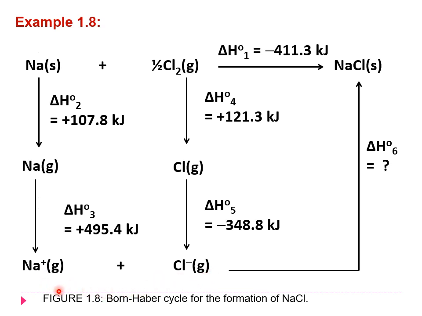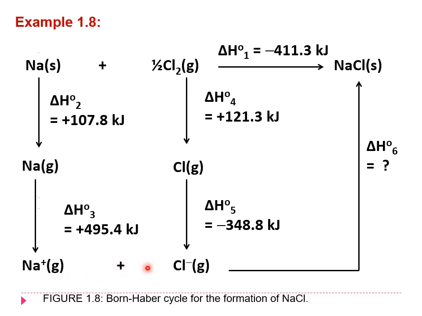If you notice, this equation is the definition of lattice energy. Lattice energy, if I may repeat, is the heat change when 1 mole of ionic compound in its solid state is formed from its constituent gaseous ions. So this is also constituent element of NaCl, but instead of being in the standard condition, it is in gaseous ions.